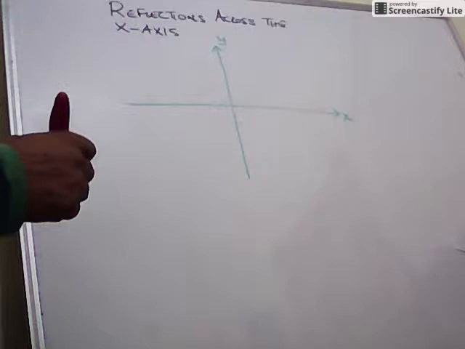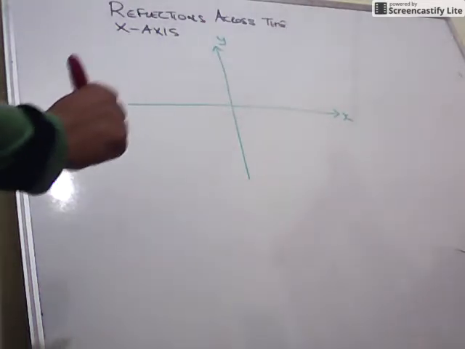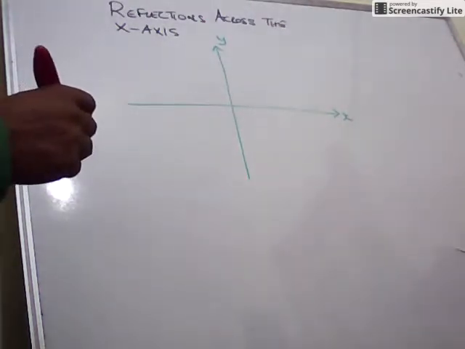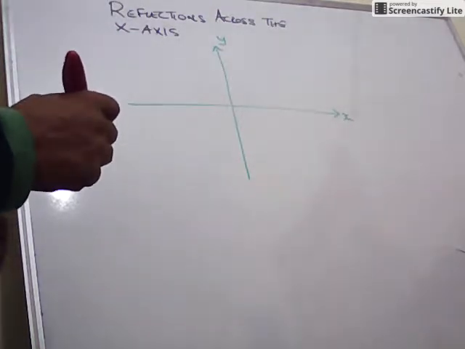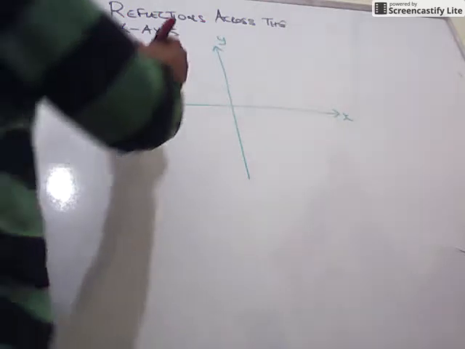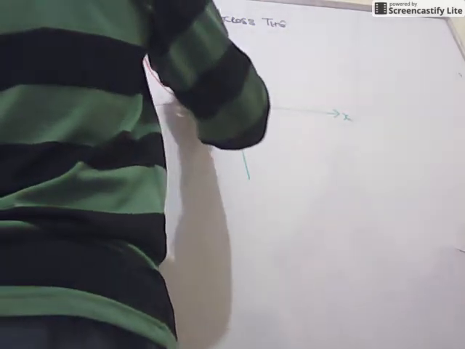I'll use a few colors. I'll use red to draw my function, and then I will look and see what a reflection across the x-axis would look like. I'll draw a parabola.